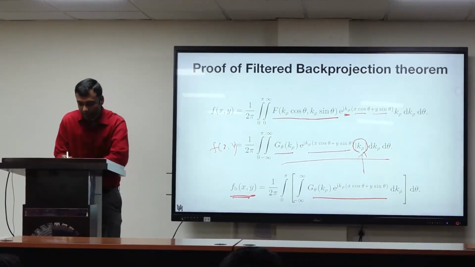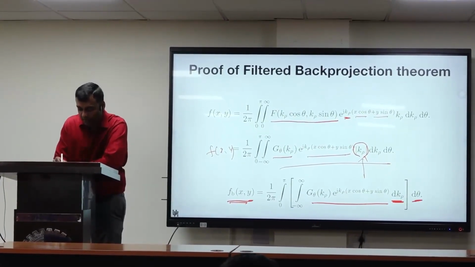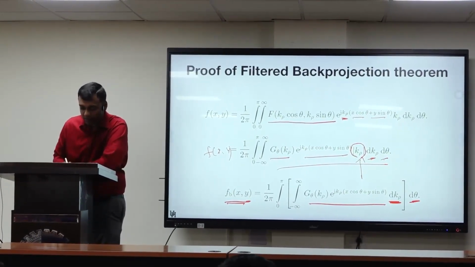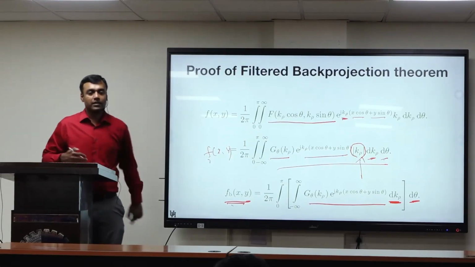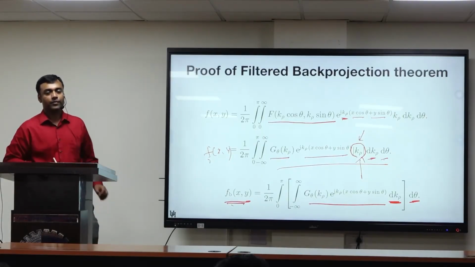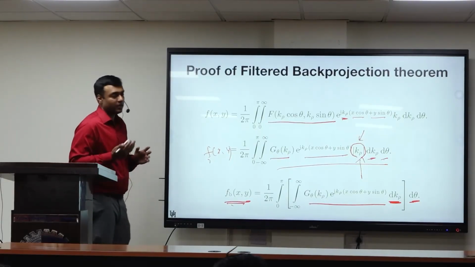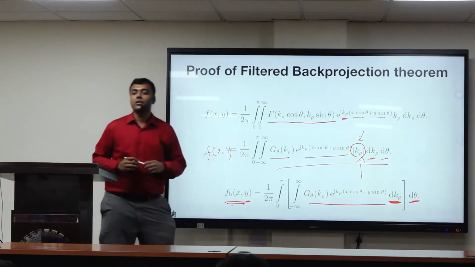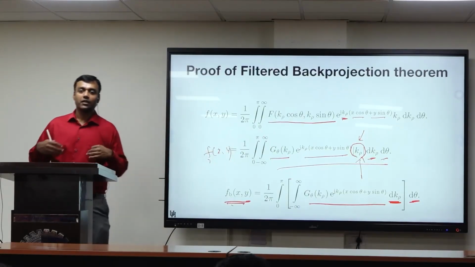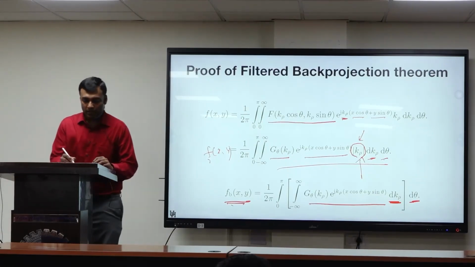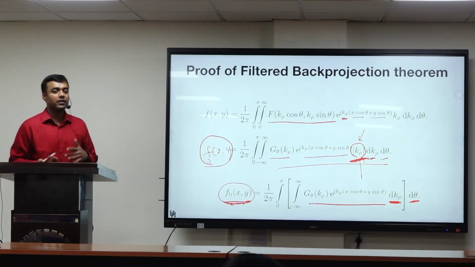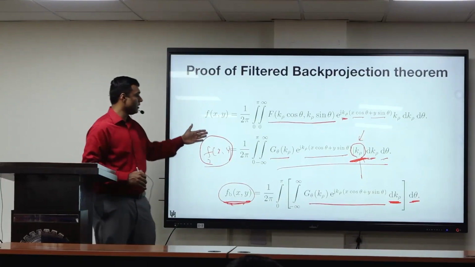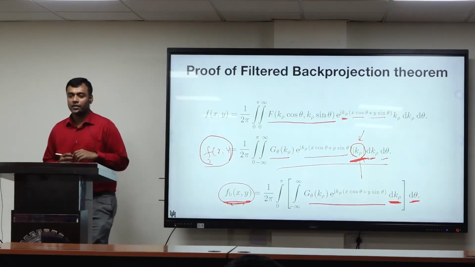There is one term: dk rho d theta, dk rho d theta. All other terms are the same. The only difference between f of x, y and this is this one factor in the Fourier domain, and that is the filter that you have to apply in order to get back the original data. So f of x, y can be reconstructed after back projection. If you do this k rho filtering, then you will get back the original object. Any questions about this?